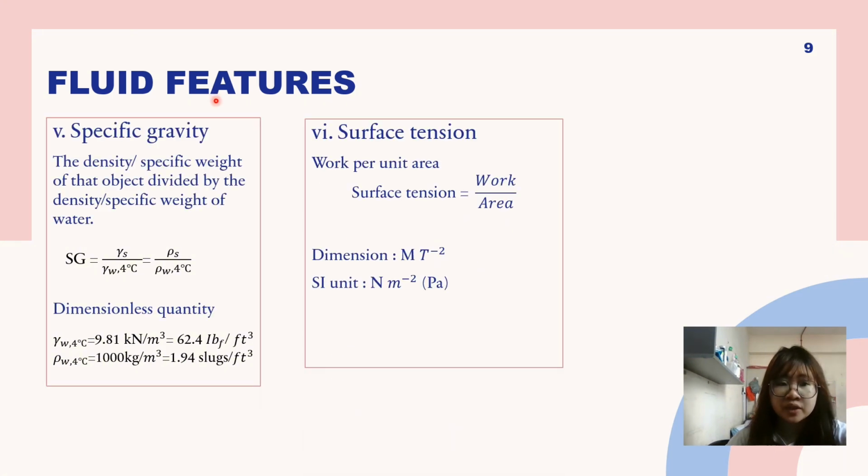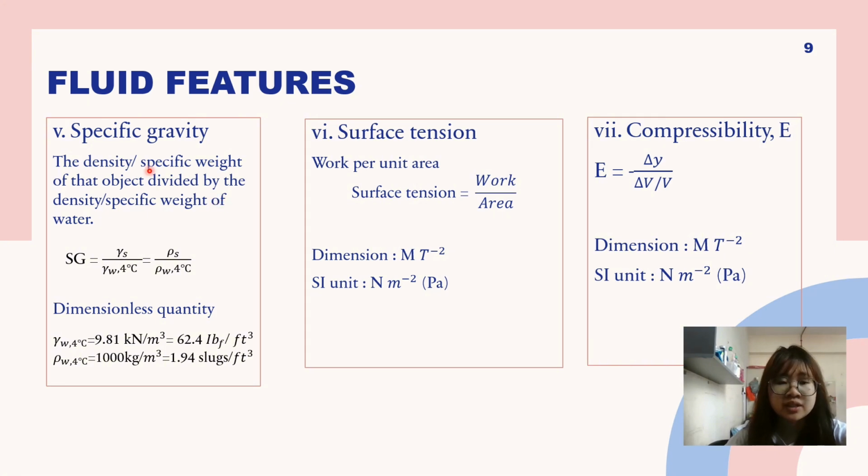Specific gravity can be derived by using the density of a certain object divided by the density of water. Another way around, we can use the specific weight of this object divided by the specific weight of water. This is a dimensionless quantity, in which there are no units represented by specific gravity.